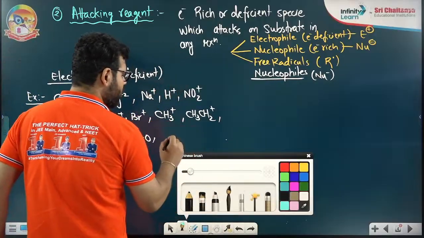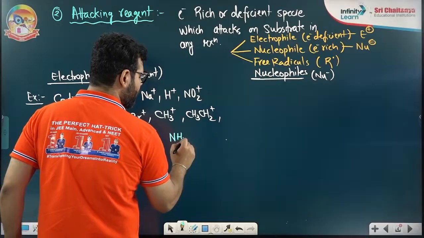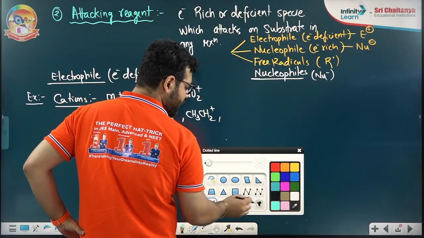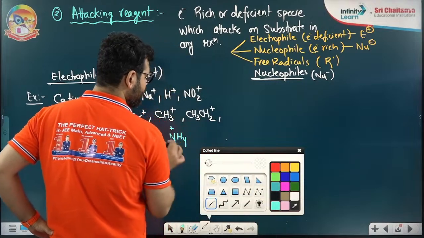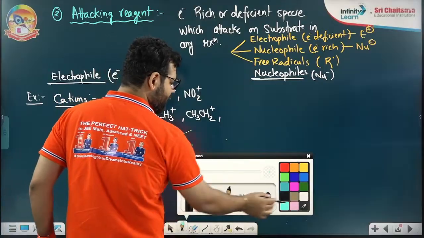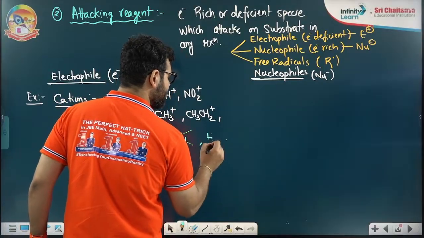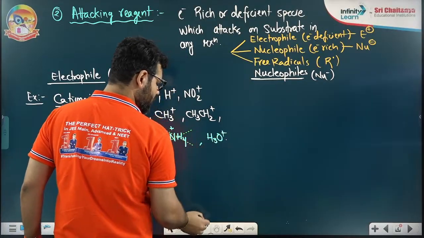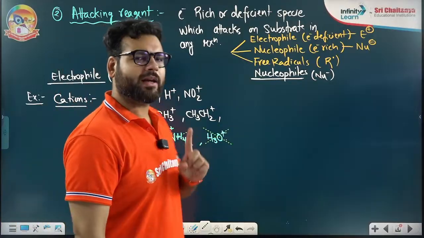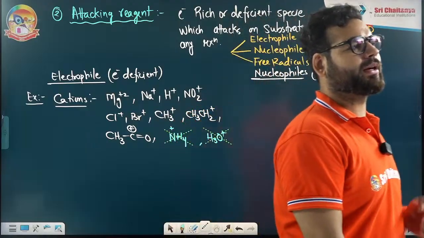What are not electrophiles? You should remember. Nitrogen making 4 bonds is not an electrophile. Oxygen making 3 bonds will have a positive charge, H3O positive, but these are not electrophiles. Remember it. Oxygen making 3 bonds will get a positive charge, but it will confuse you.